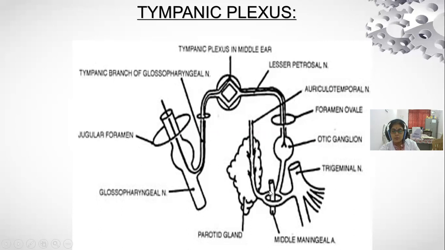Suppose the patient is having Frey syndrome. What is Frey syndrome? Following superficial parotidectomy, what exactly happens is, if at all the nerve endings are exposed, and if there is abnormal regeneration or synkinesis, whenever the patient is swallowing or eating or chewing, there will be sweating.